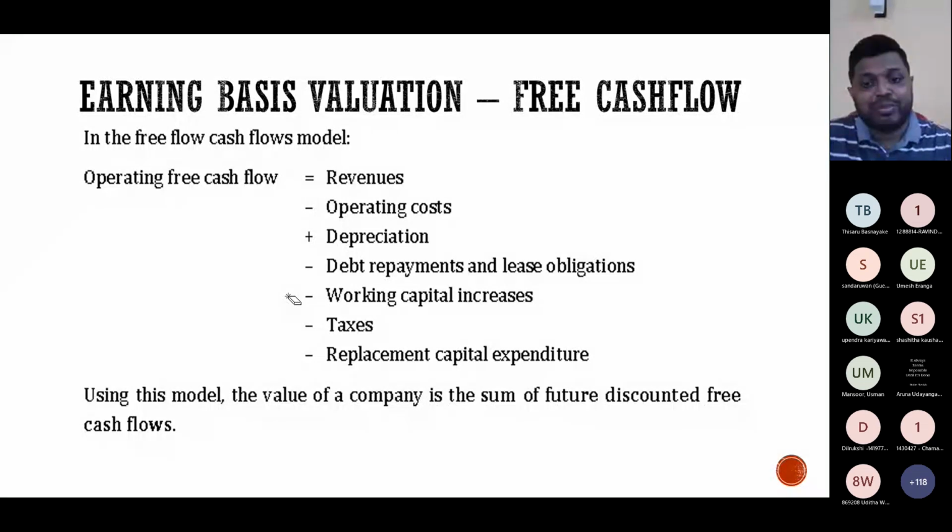Based on that, applying the same dividend growth model, you can calculate the present value of free cash flows. Clear? I think it is clear, because in most scenarios this earning based valuation can be tested. It has been tested in previous instances as well.